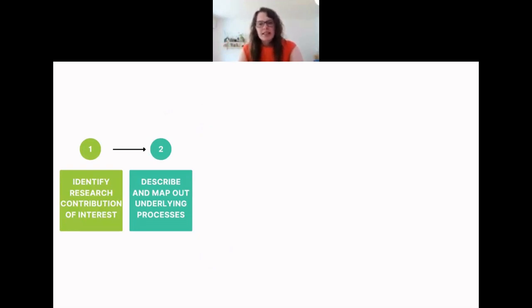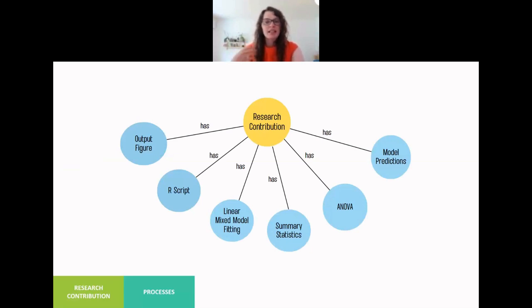So in many cases, the research contribution that we want to ingest into the ORKG is the result of multiple processes. And in this example, that was indeed the case. So there were several different processes, but that were related to one another that we wanted to capture. So in addition to describing the output figure, which I just showed you, we also wanted to capture the R script that Ricardo used to create the figure and also to run his analyses.